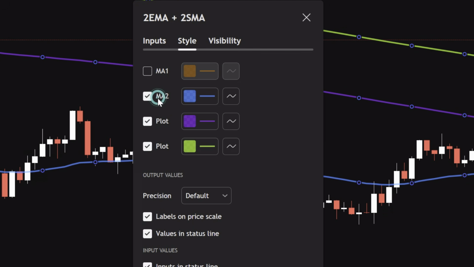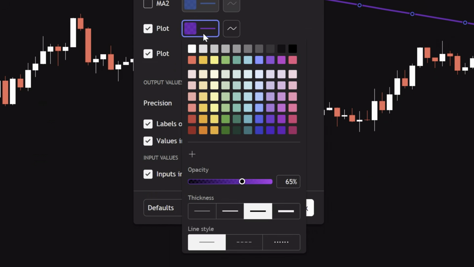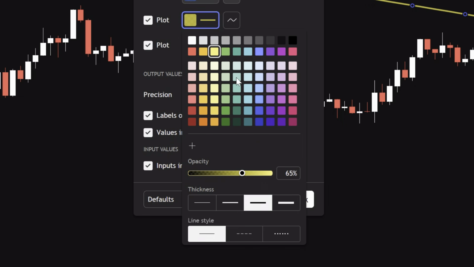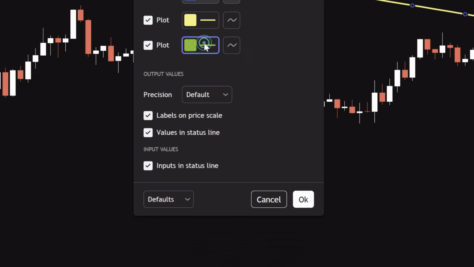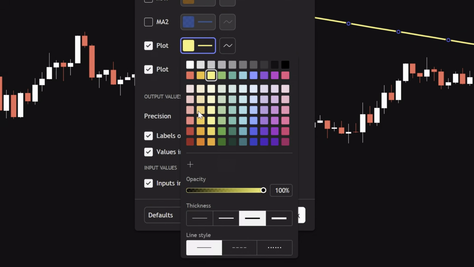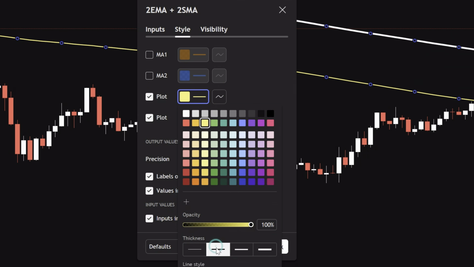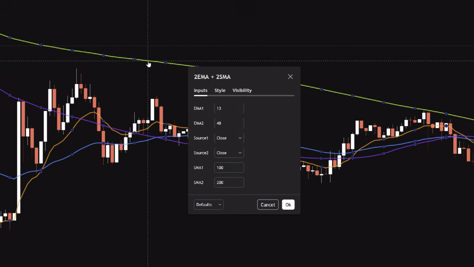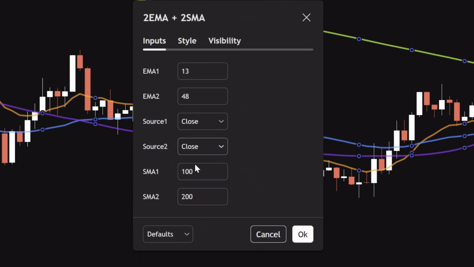Disable the first two moving averages entirely. Set SMA1 to 200, SMA2 to 300. These two lines are your trend filter. They're not entry signals. They're your permission slip to trade in a specific direction.